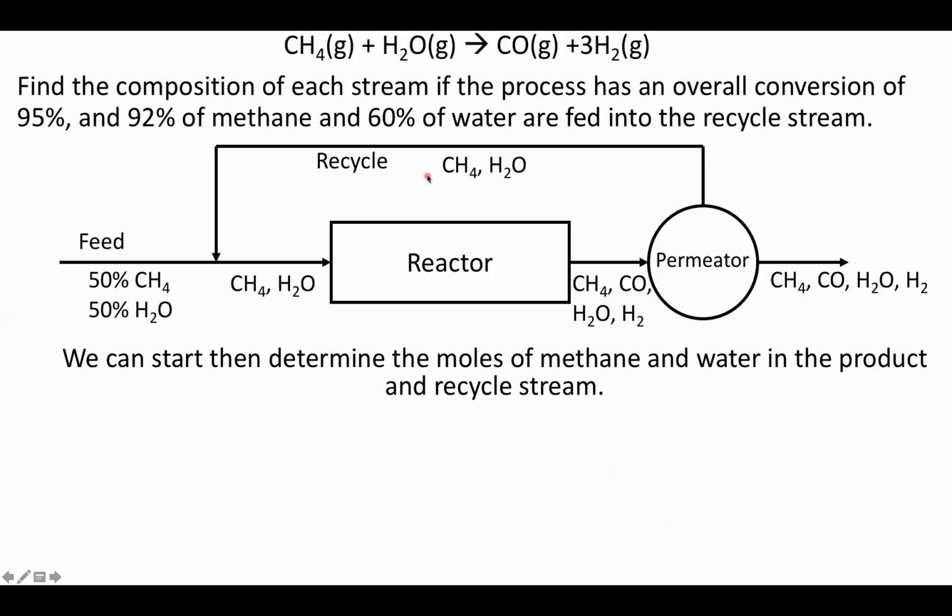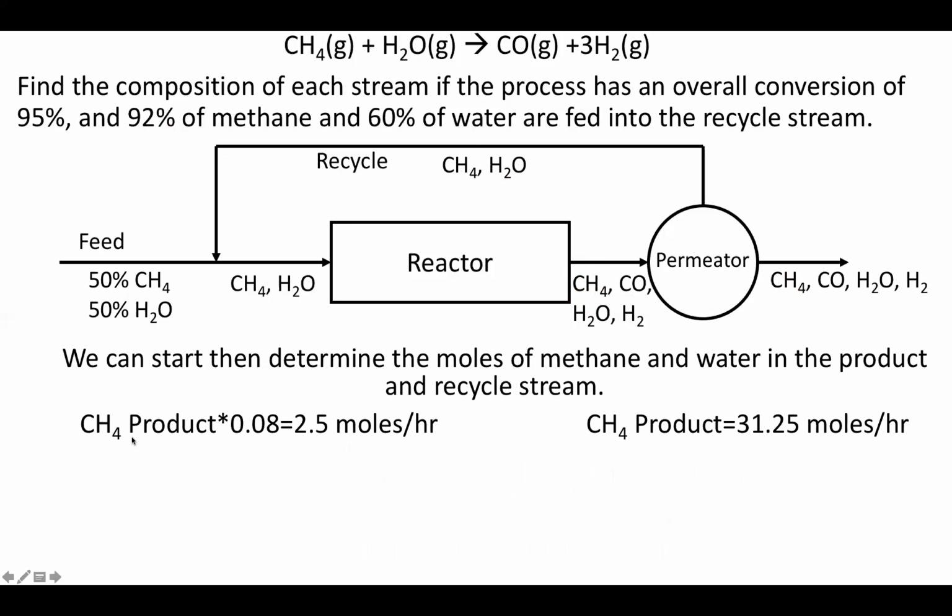So we want to figure out how much methane and water is in these streams. So what we're going to be making use of now is the fact that I've got 92% of my methane from here ends up in my recycle stream, which is another way of saying 8% of this methane ends up here.